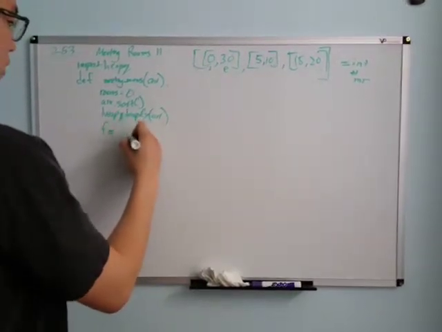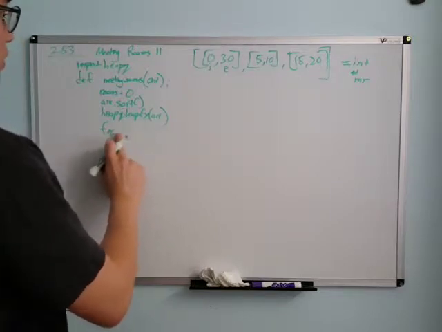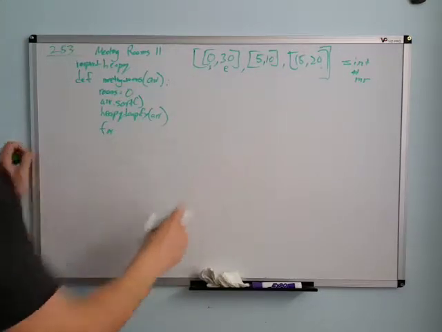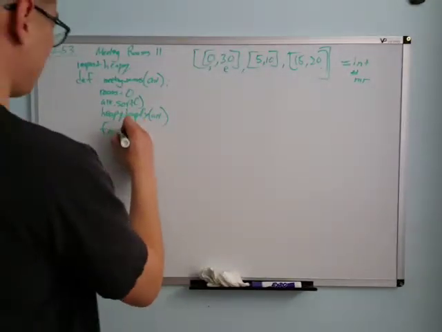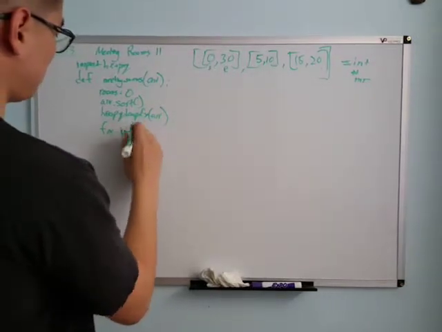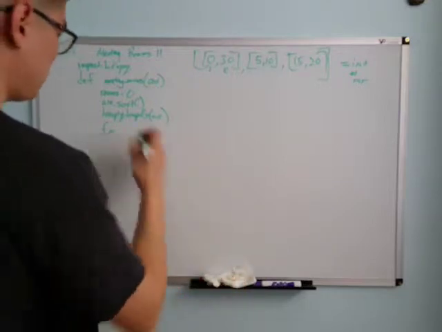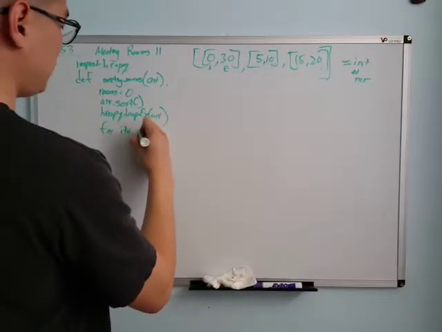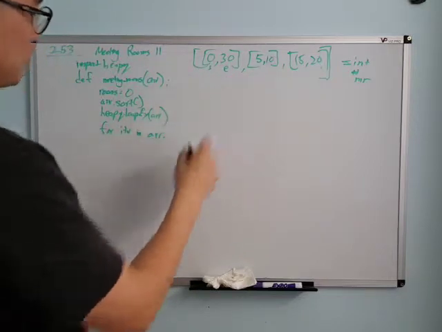For i in, do I need to do i? So we're just going to start and end. Yep, let's just call it i. For i, or for int, that's a keyword. ITV, let's do. For ITV in array.